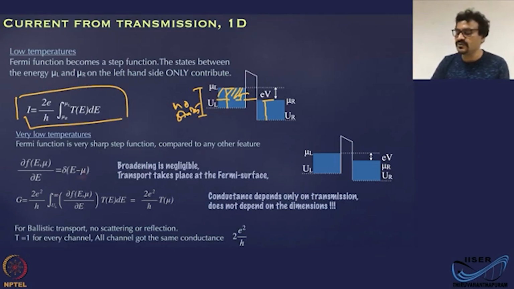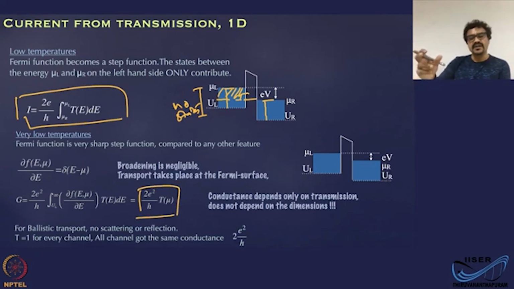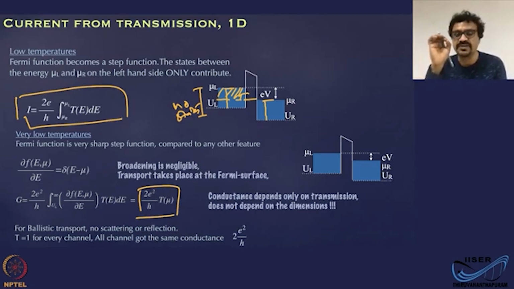So this is going to reduce to 2e square by h times T(mu), but T(mu) is the transmission coefficient at mu.